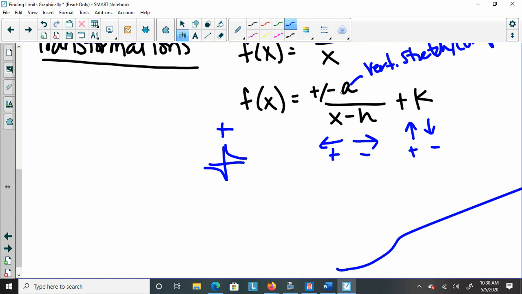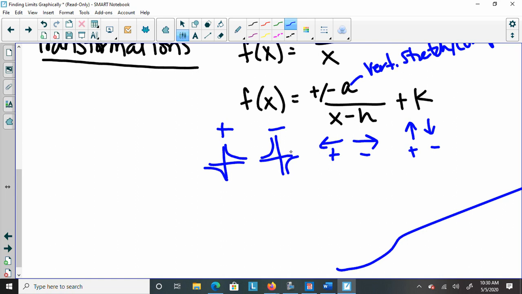So if it's positive in your numerator, if there's a plus sign in the very beginning, you'll be in quadrants 1 and 3, just based on where your asymptotes are. Okay. If it is negative, it's going to be flipped. So negative means it's flipped over. So instead of this being in the first quadrant, it's going to be in the fourth. Instead of this section being in the third, it's going to get flipped into the second quadrant. So it's 1 and 3 if it's positive, 2 and 4 if it is negative.